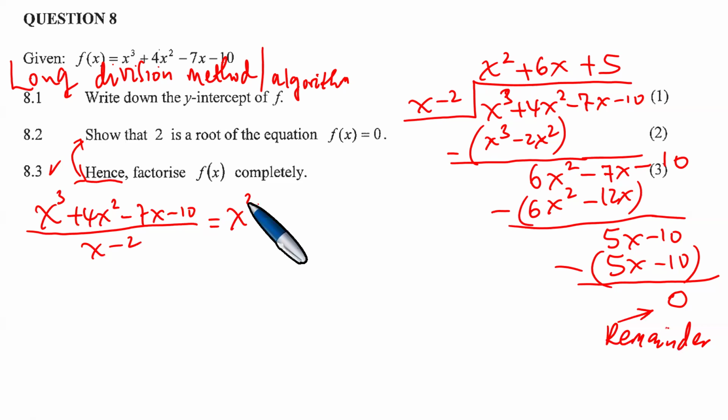What is it? It's x squared plus 6x plus 5, remainder 0 out of x minus 2. What is 0 divided by x minus 2? It's a big 0.